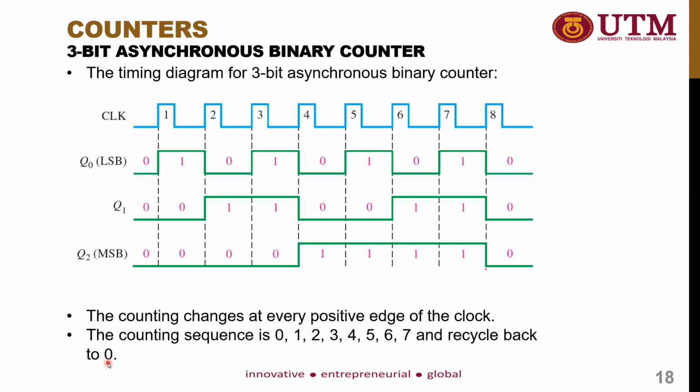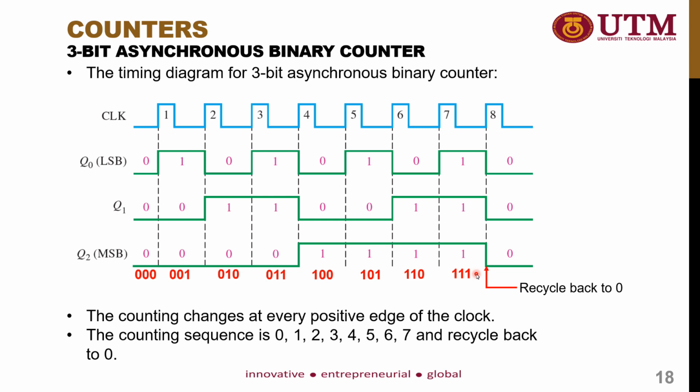So you see here in this timing diagram, for each clock pulse, the output will change because it is positive edge triggered. For the initial state of the counter, it is 0 0 0, and when it detects the positive edge of each clock, it will become 0 0 1, then 0 1 0, and at the third positive edge, it will become 0 1 1, and then 1 0 0, 1 0 1, 1 1 0, 1 1 1.